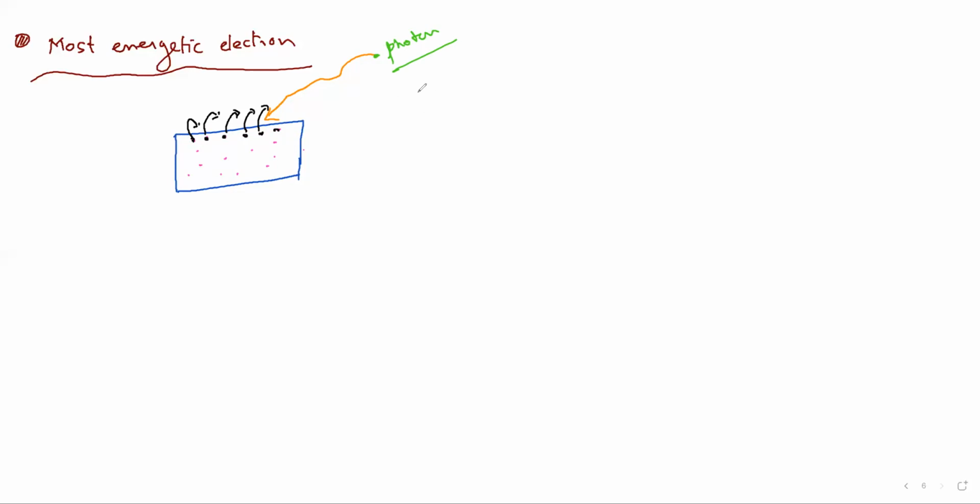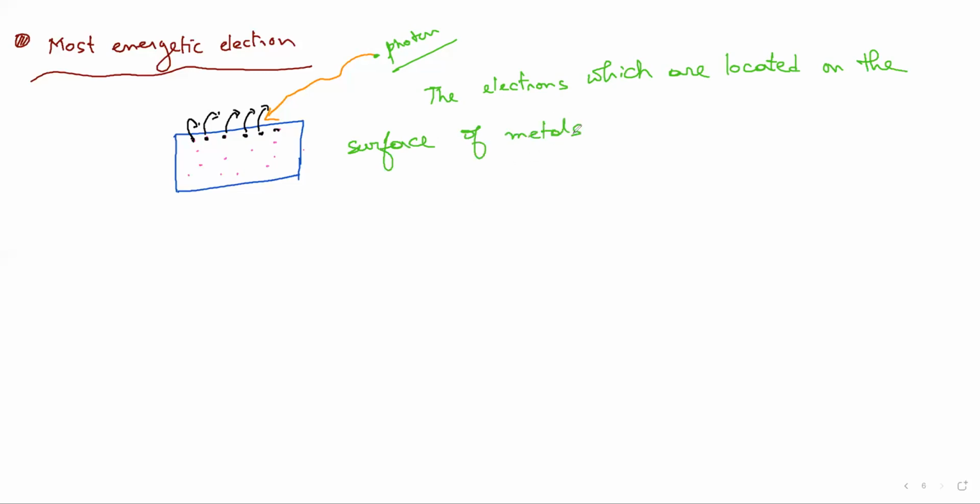What is the most energetic electron? The electrons which are located on the surface of metal can be removed easily in presence of any energy source.